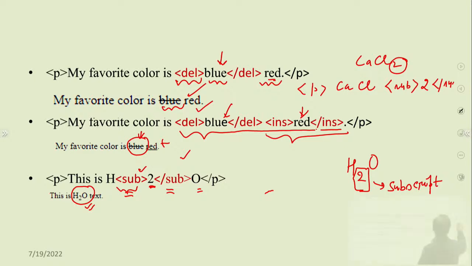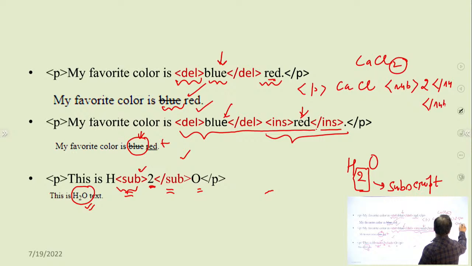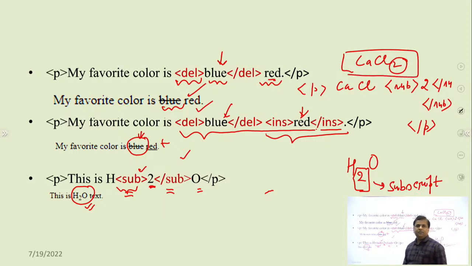Then after that close the paragraph. Now if you check the output of this, it will produce CaCl2, which I want to publish on my web page. So by using the subscript, we can make the chemical equations.